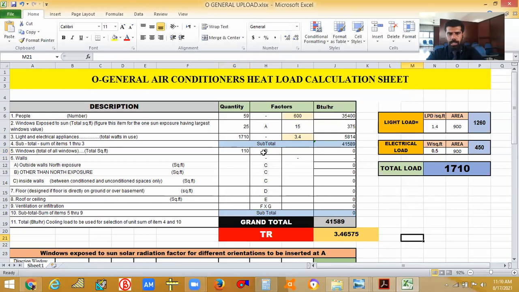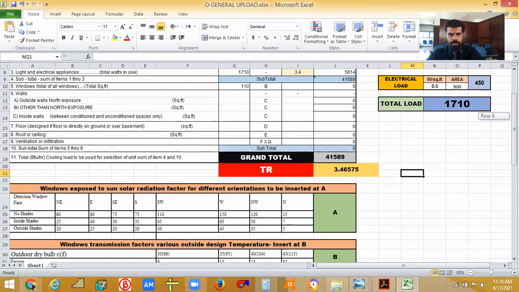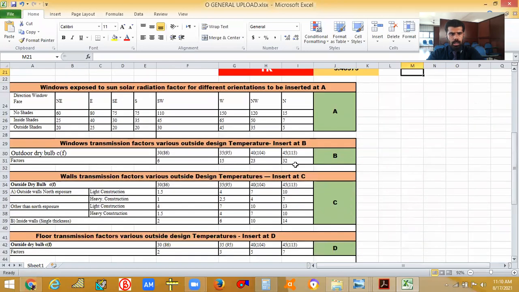From where will we be getting B? We'll be getting B from this window transmission factor, various outside design temperature, insert at B. So you have the outside or outdoor dry bulb temperature.